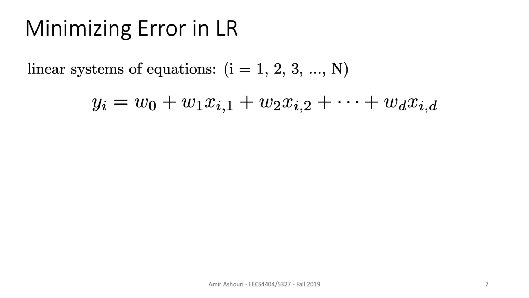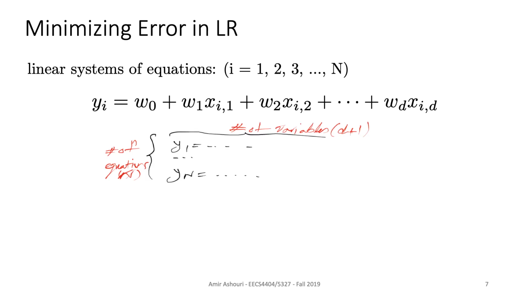So if we expand this, we're going to arrive at many linear equations for which the rows are the number of experiments, which we show by n. And the columns are the number of variables you had. So it's starting from 0 up to d, so you're going to have d plus 1, right?